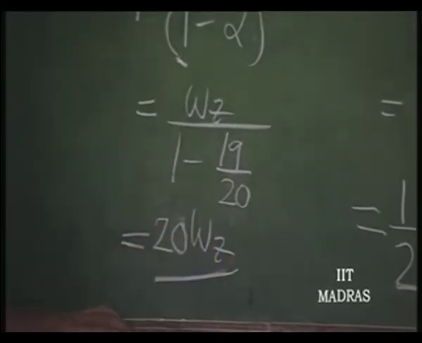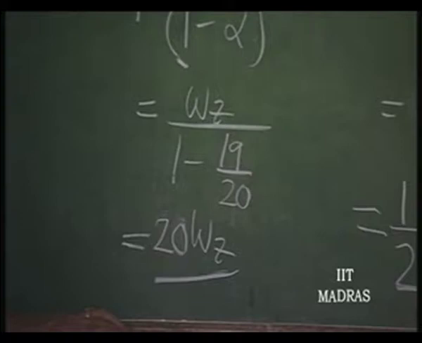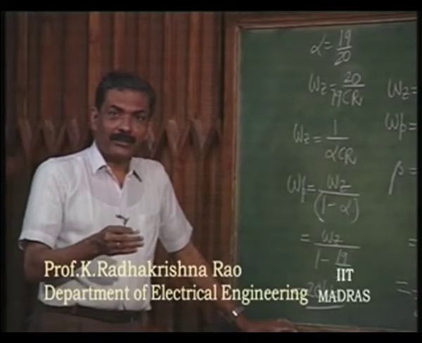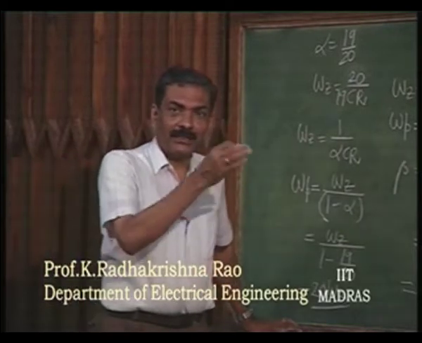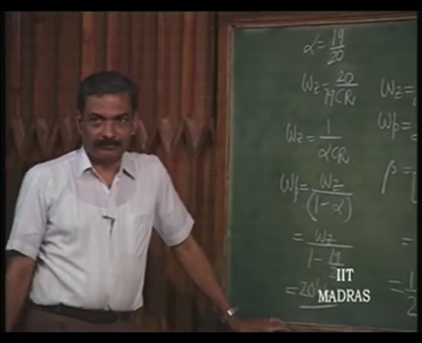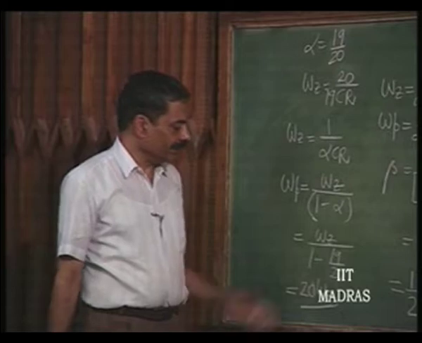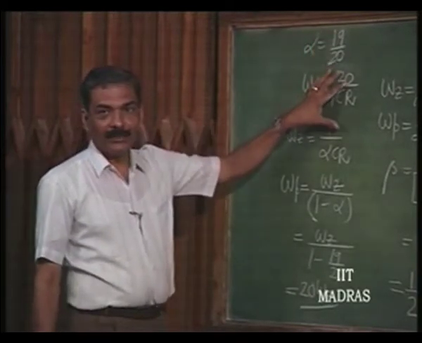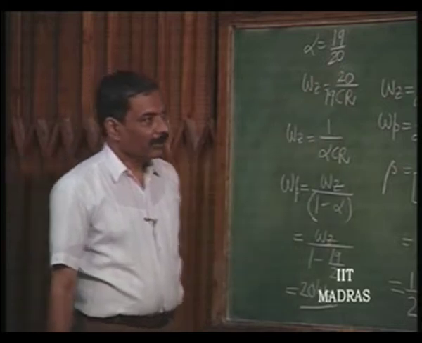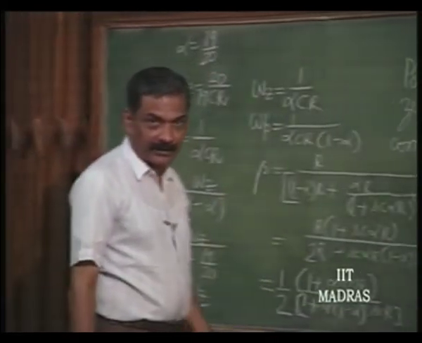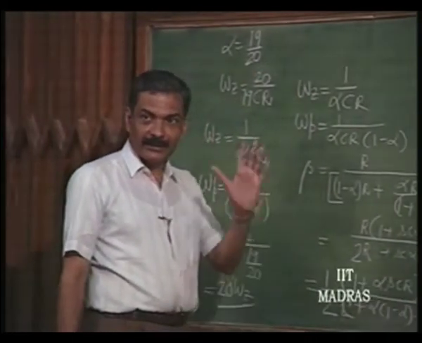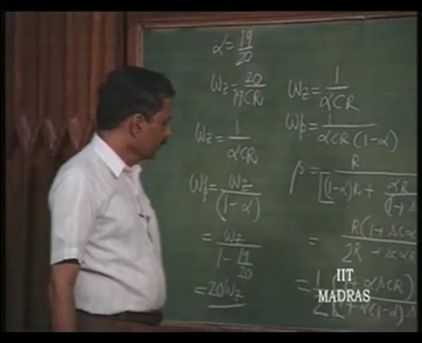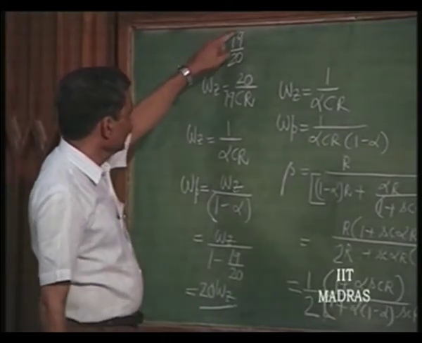So, by selecting alpha close to 1, we can make the pole go farther and farther away. So, for argument's sake, let us leave it at this, that we are going to select alpha as 19 by 20. That might be sufficient, let us examine. If it is not sufficient, we will select alpha further close to 1. So, alpha has been selected as 19 by 20.